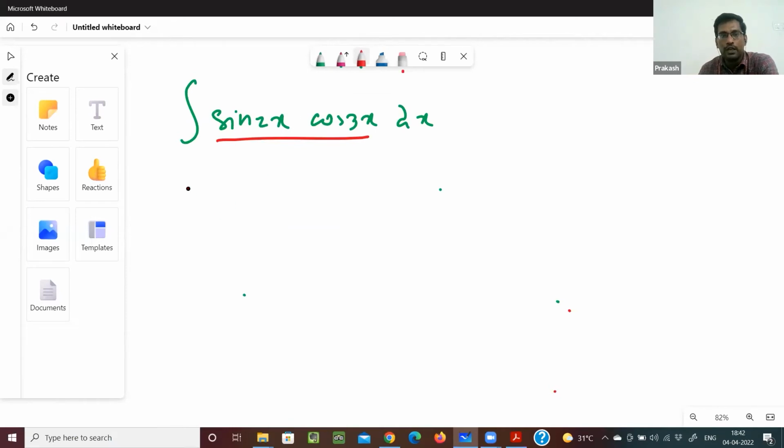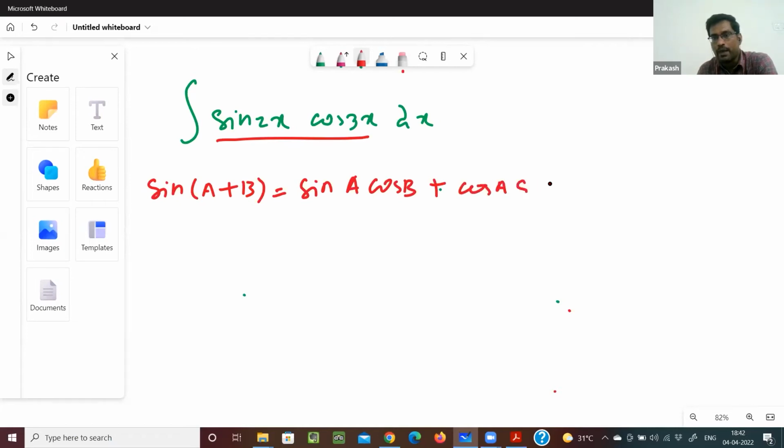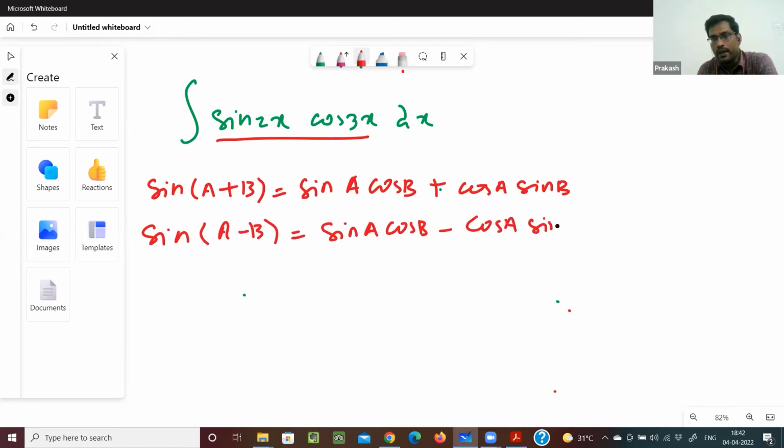So then what can we do? We know sine(a plus b) is nothing but sine a cos b plus cos a sine b. And the sine(a minus b) form also we know: sine a cos b minus cos a sine b. So this is one, and this is the second equation.